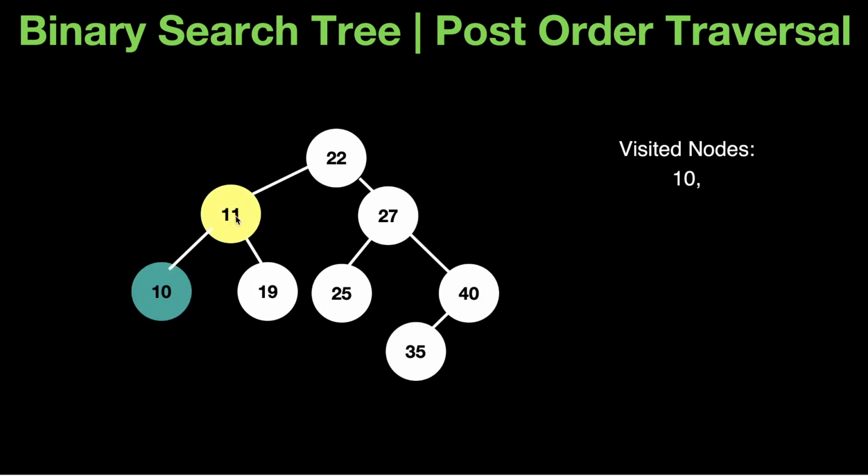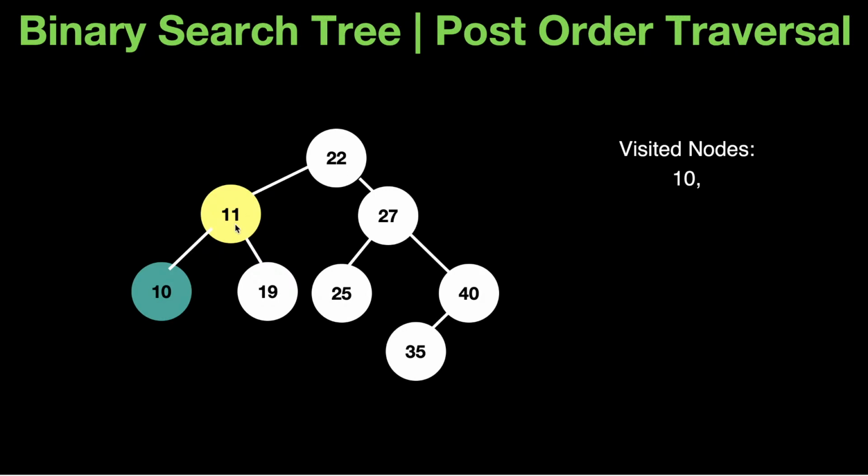But now still we do not visit 11 because we have covered all the nodes in the left subtree, but we haven't covered all the nodes in the right subtree, right? So first of all go to left subtree, then go to right subtree, and then only visit the node finally. That is what post order means.